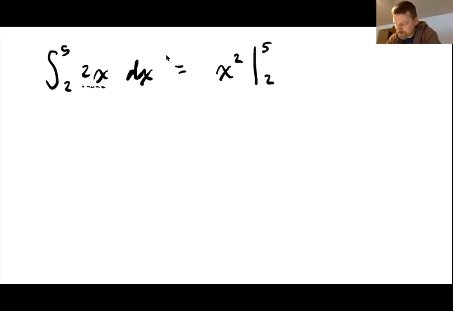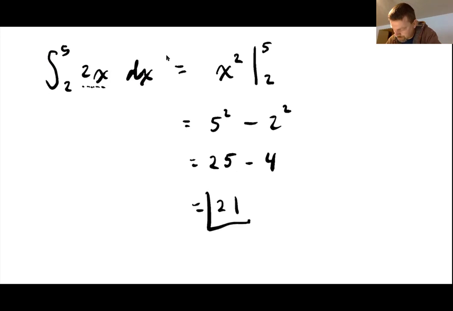And what does that line thing mean? You have to plug in the number for x. So yes, I'm going to plug in 5 and then plug in 2, and subtract those two things. 5 squared is 25, 2 squared is 4. The answer is 21. You mostly said this was easy, which is excellent, so we're not going to spend a lot of time with that.